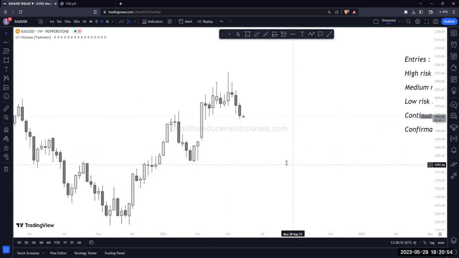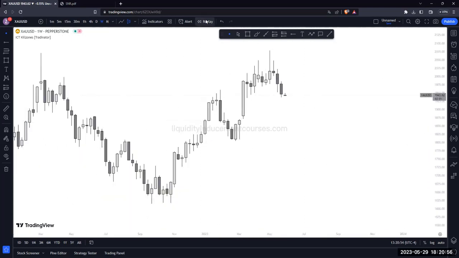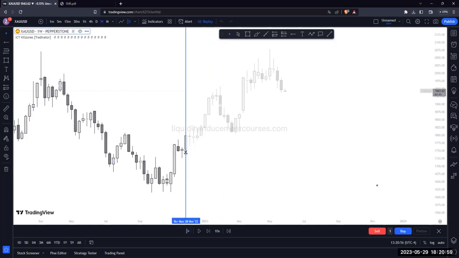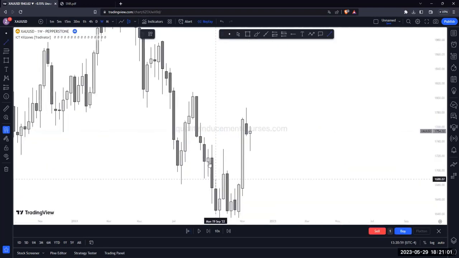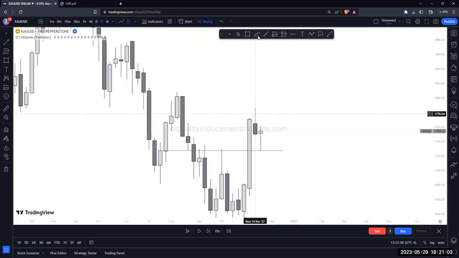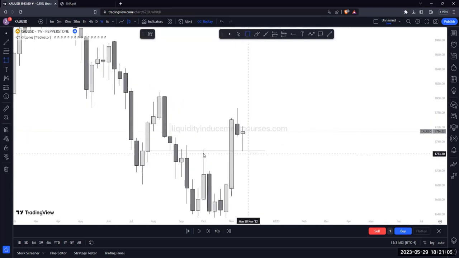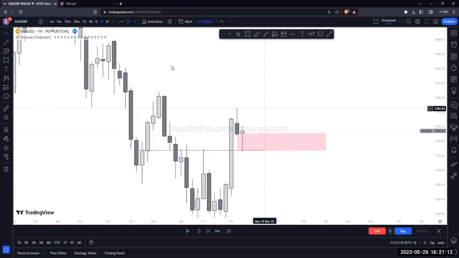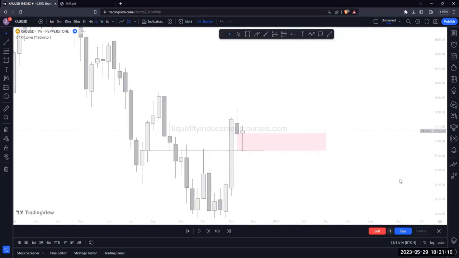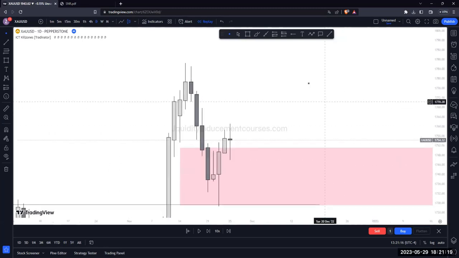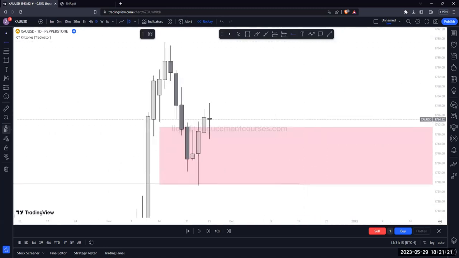So let me give the example that I always give. As you can see here, do you see this weekly rejecting the weekly? It's a fresh weekly because it got broken, and then it's rejected. Inside of it, you go one time frame lower, which is daily. Inside the daily there is the V shape.